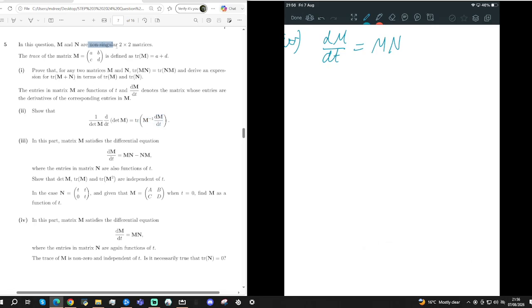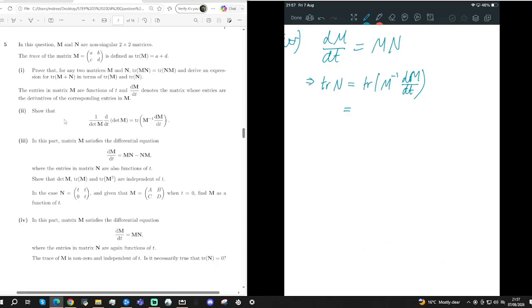However, oh no, I am allowed. I did just want to check that the whole question, m is non-singular, the whole question I'm allowed to rearrange. So this means that I can say the trace of n is equal to the trace of m inverse dm by dt. Don't know why this is useful yet.